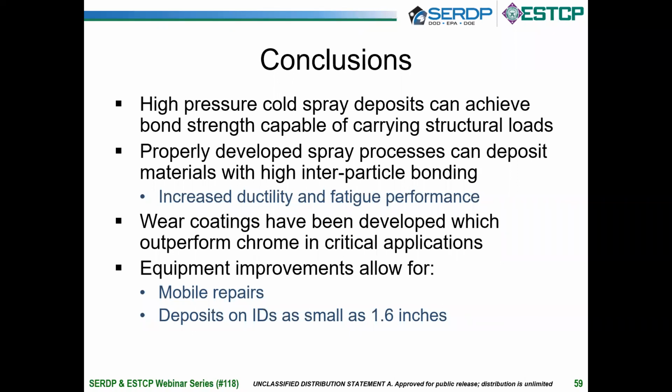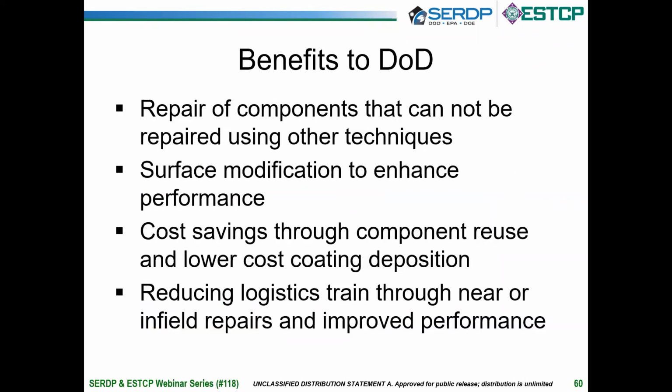It is very capable of depositing our wear materials that we've developed, as well as some of the thermally resistant materials that Frank and Mark were discussing. And the quality of these materials, the ductility, the fatigue performance can be very good.